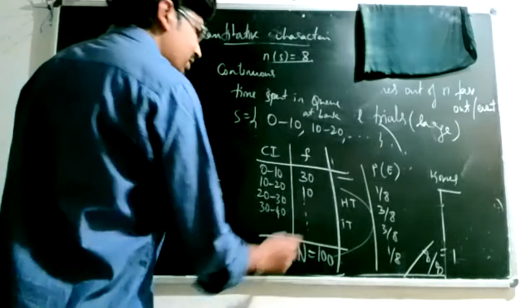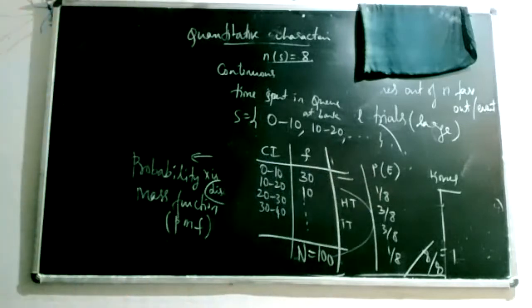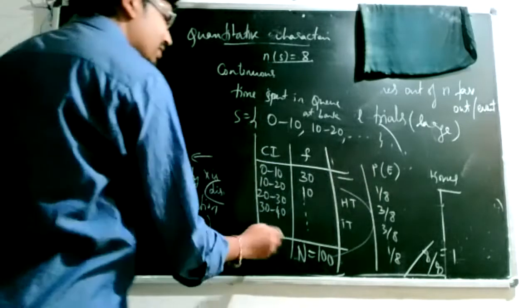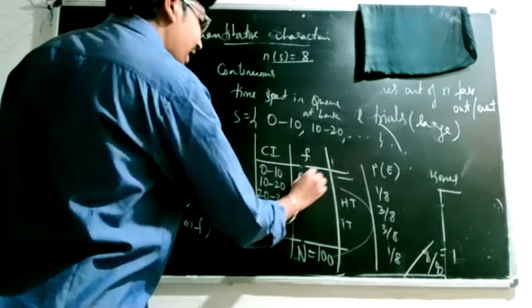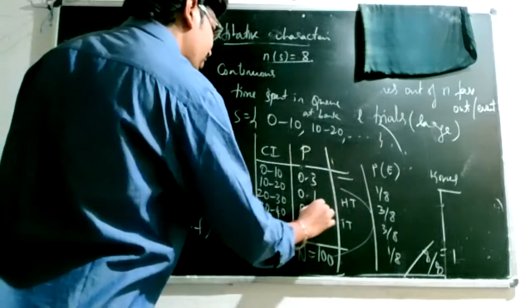So you could come up with a distribution and obtain the relative frequencies or the probabilities. Such a distribution is called a continuous probability distribution.